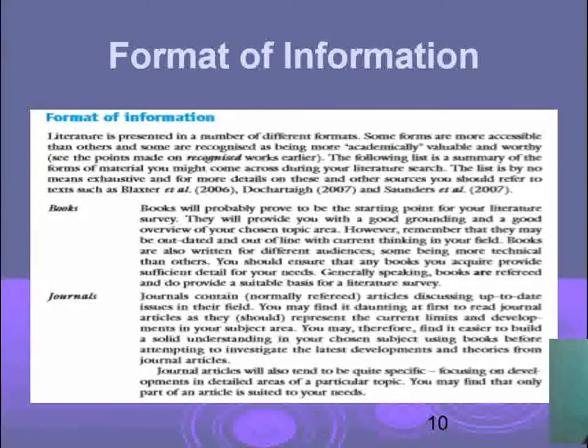So therefore, it will be easier to build a solid understanding in your chosen subject, with the idea that you obtained from the books that you referred, and then to go for the latest developments and ideas from the journal articles.